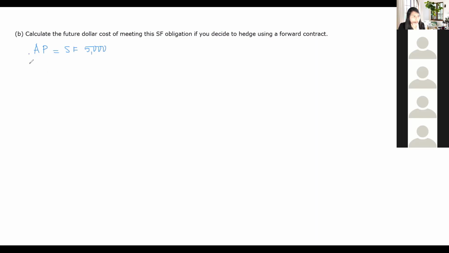If I hedge using forward contracts, can someone help me first tell me whether you want to long or short the forward? And second, help me compute the USD cost under the forward hedge.